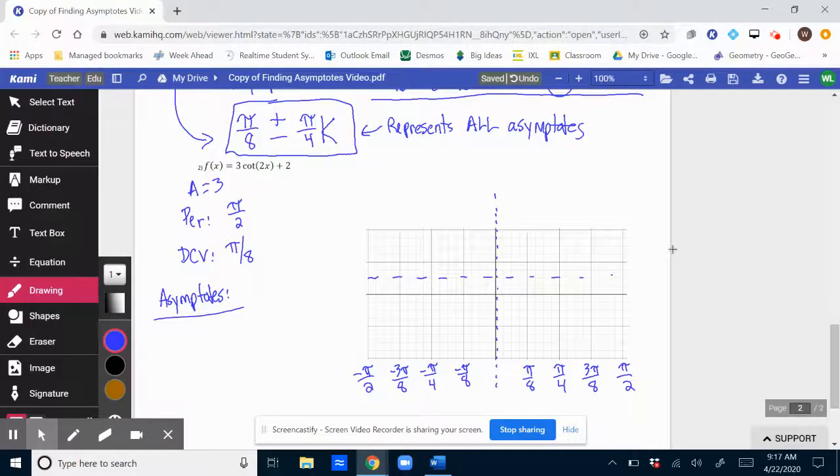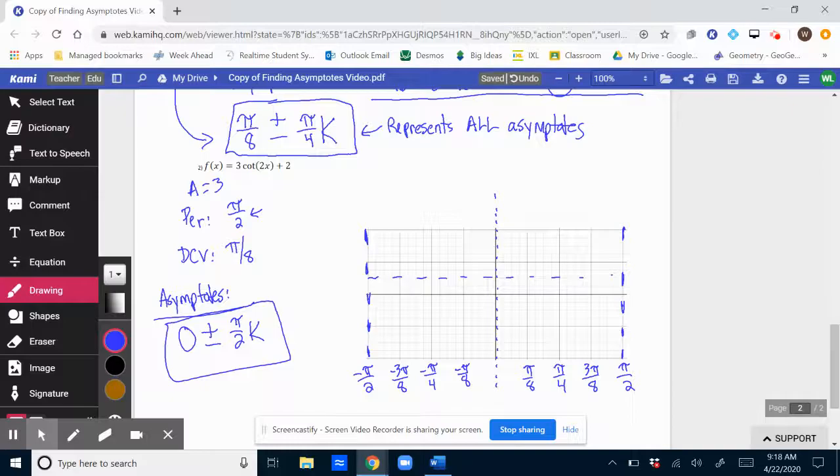So for this one, the first one, always 0, plus or minus, period times k. The period we put right here was pi over 2. So pi over 2 times k. And what that means is the first one's at 0. Then if you remember, asymptotes are always 4 DCVs apart. So 1, 2, 3, 4 apart. I got another one at pi over 2. And then 4 to the left, I have one at negative pi over 2.